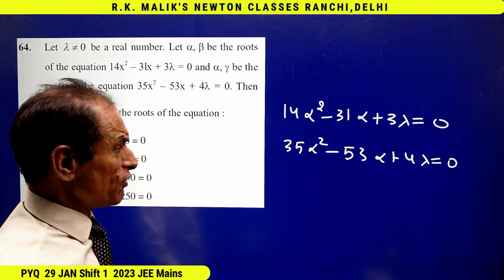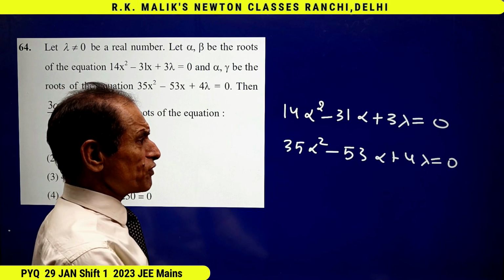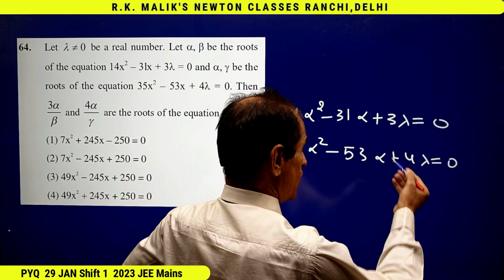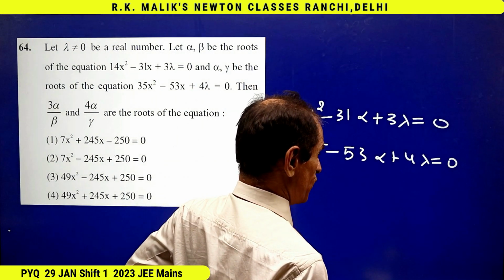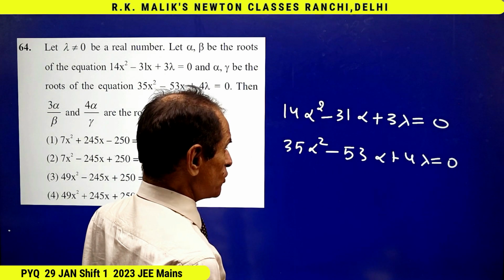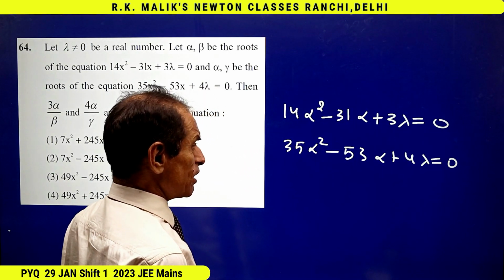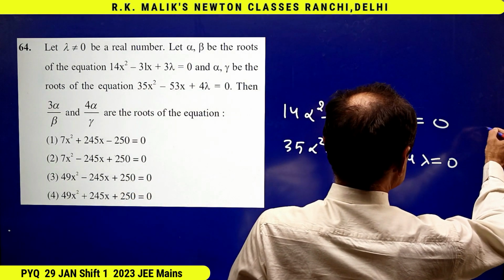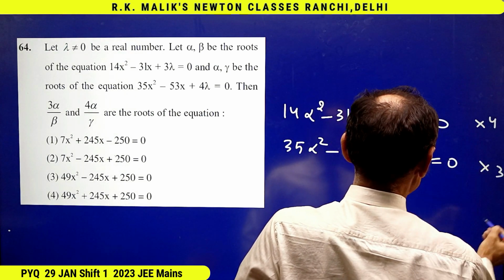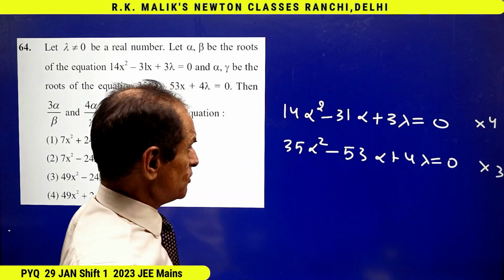To find the value of alpha, it's clear that if we eliminate lambda from these two equations, I will get an equation in alpha. From there I can get the value of alpha. Therefore, to eliminate lambda, multiply this equation by 4, this equation by 3 and subtract.